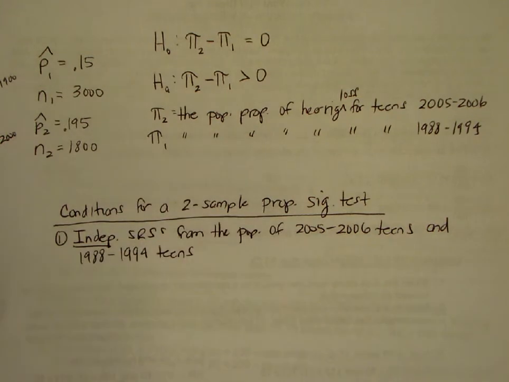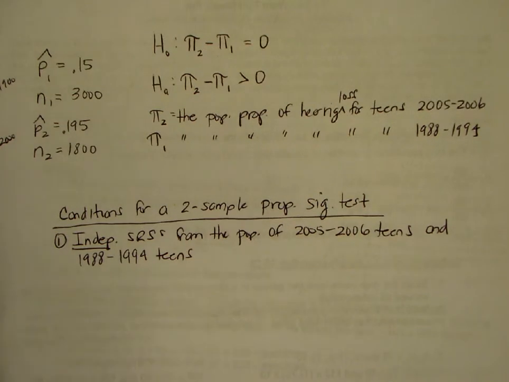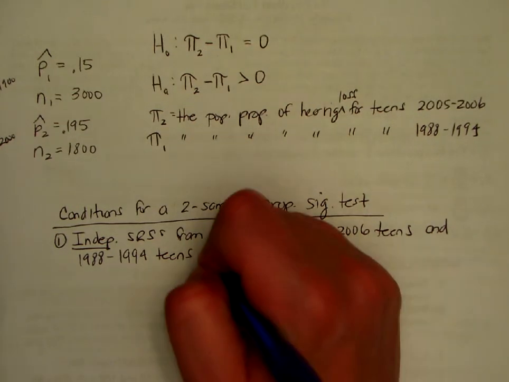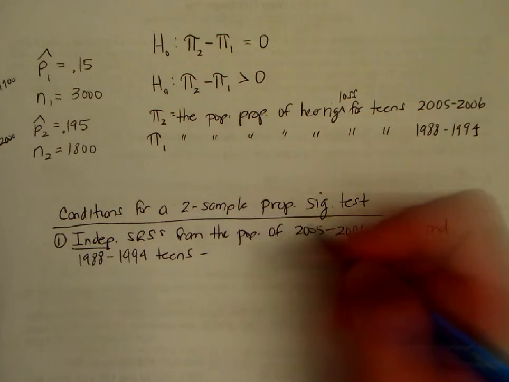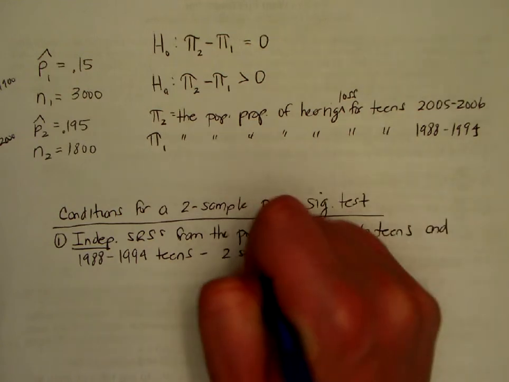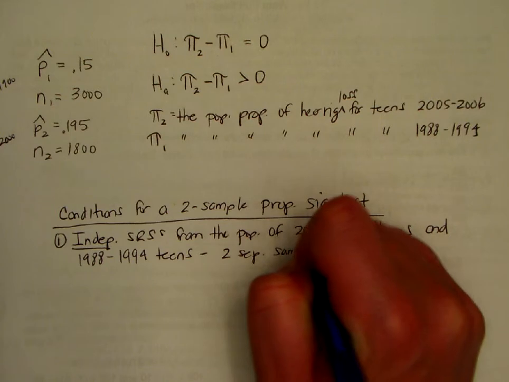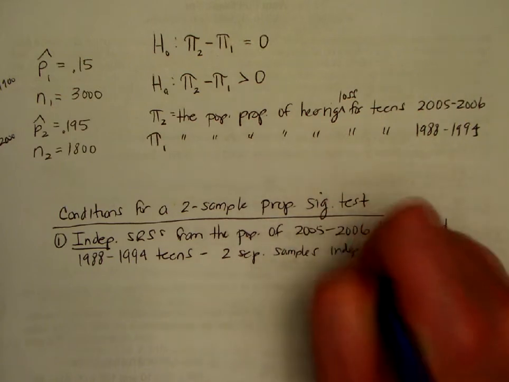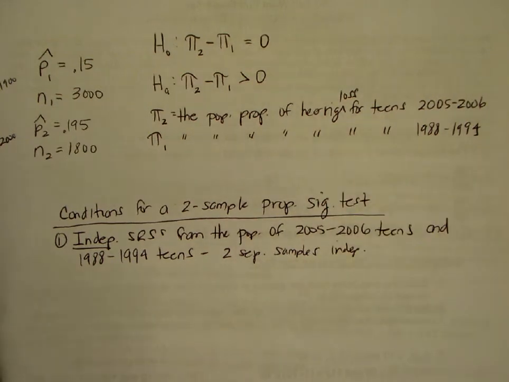This is important. We need those two samples to be independent of each other. And there's no reason to believe these were not two separate samples that are independent, okay? So knowing what happened with the first sample shouldn't affect what happens with the second.